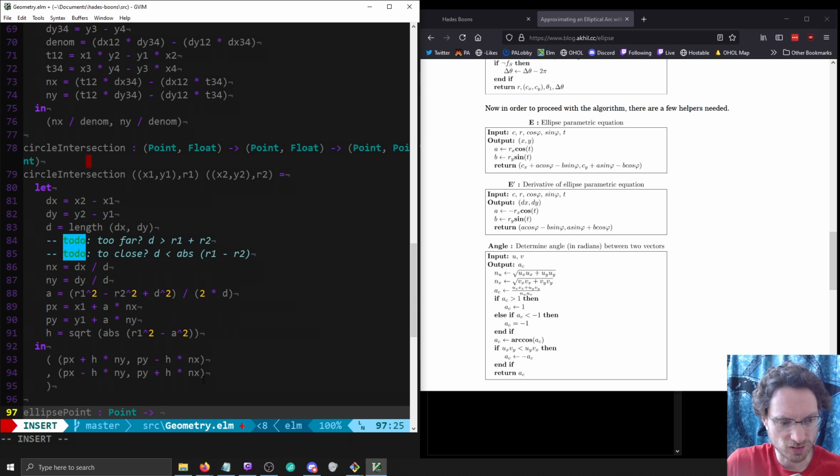Okay, so this is... Interestingly enough, if you talk about the major and minor axes, it's kind of a vector? That's not how I've been representing it.